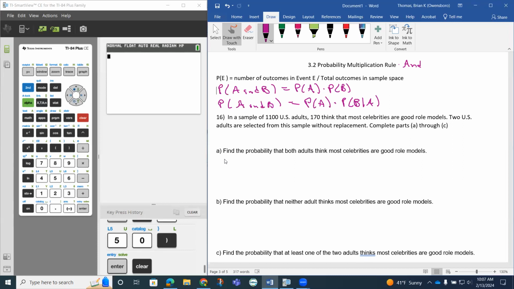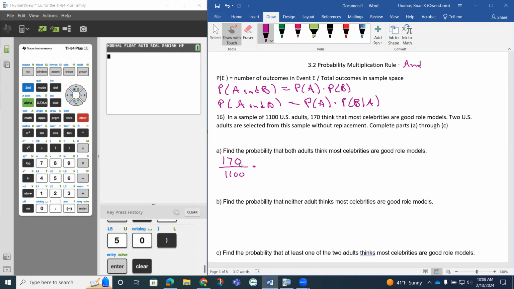Starting out with the first person, notice that there's 170 people that think celebrities are good role models. That's our event, and our sample space is these 1,100 adults. But notice how we have to choose another adult, and once we choose one of these, our next probability is dependent upon that.